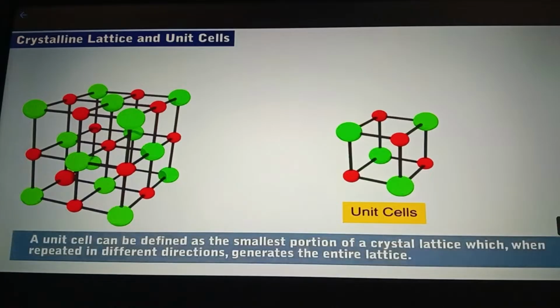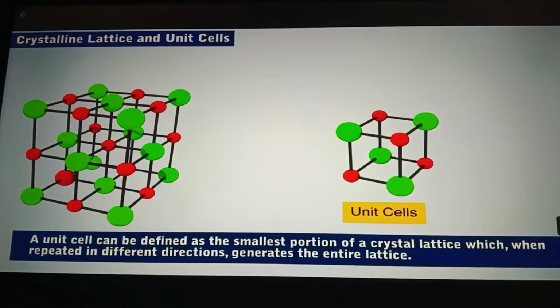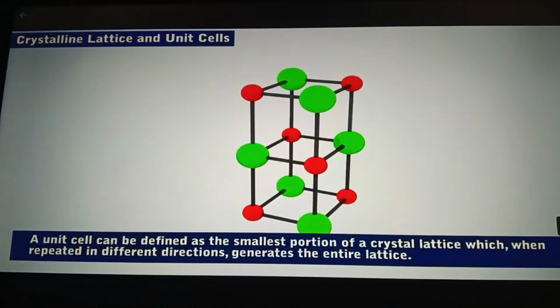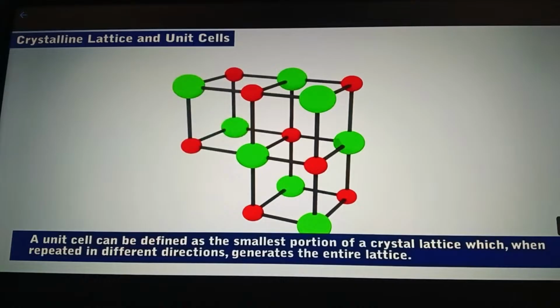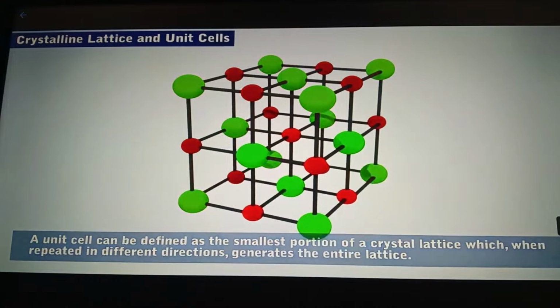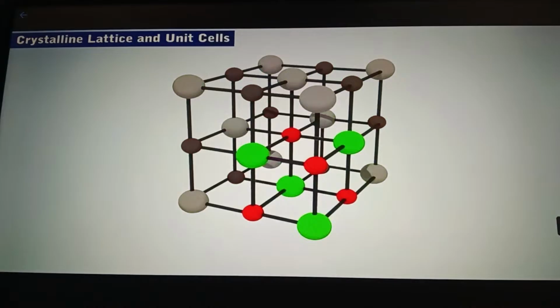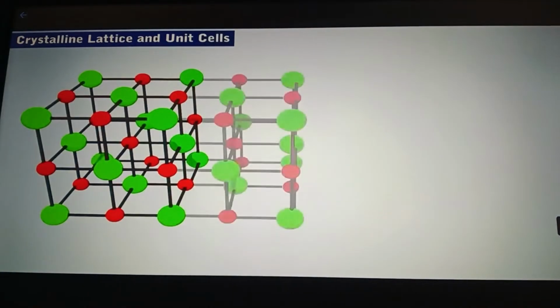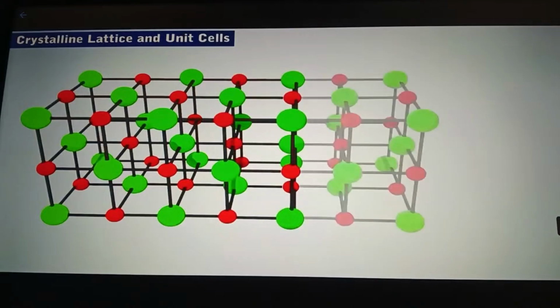Thus, a unit cell can be defined as the smallest portion of a crystal lattice, which, when repeated in different directions, generates the entire lattice. A unit cell represents the shape of the entire crystal. In fact, a crystal may consist of an infinite number of unit cells.